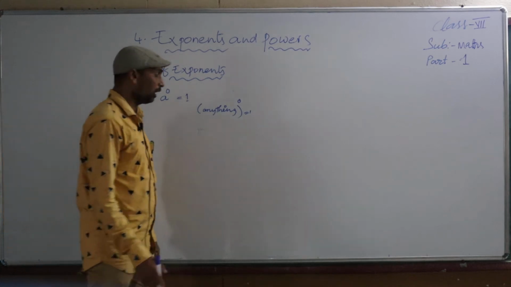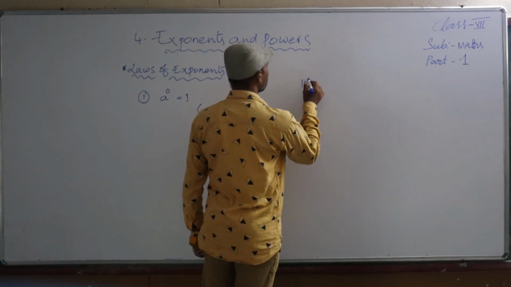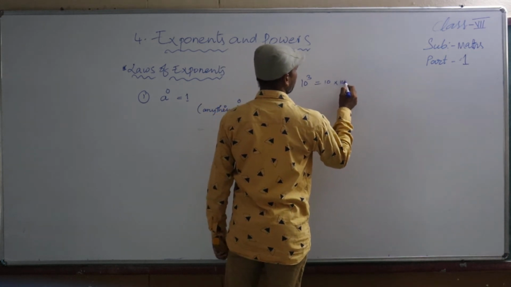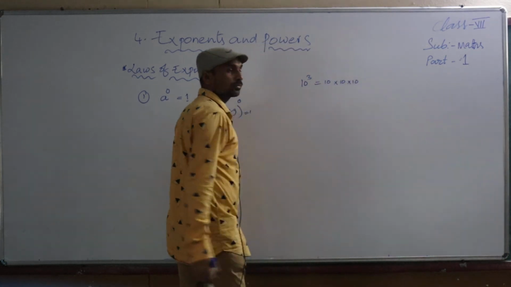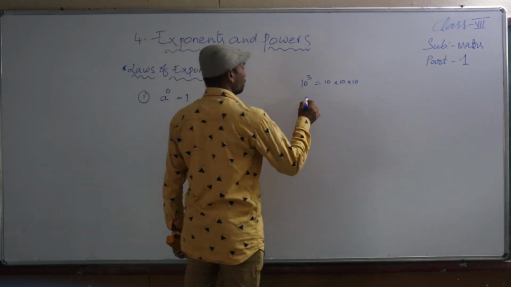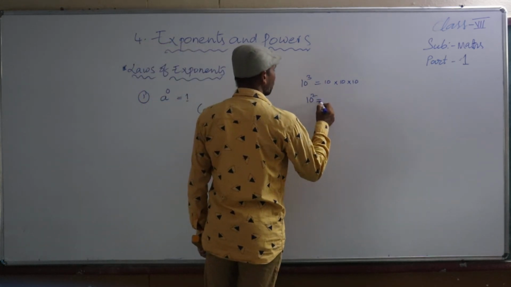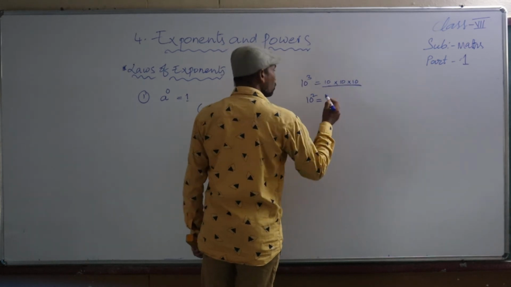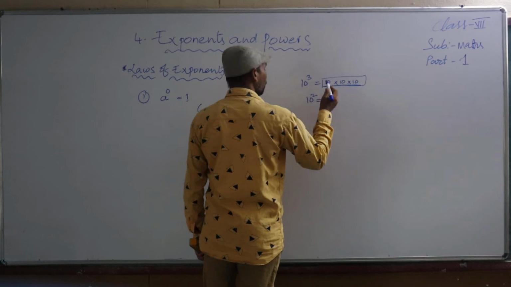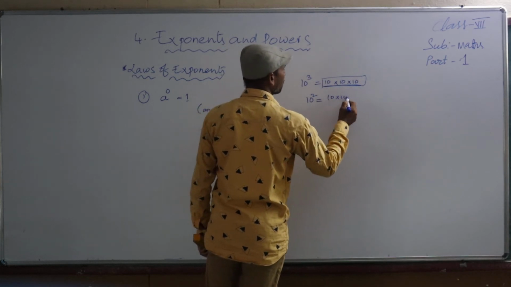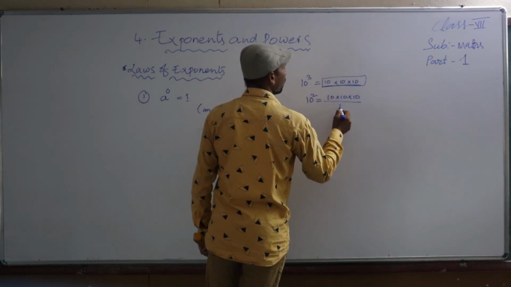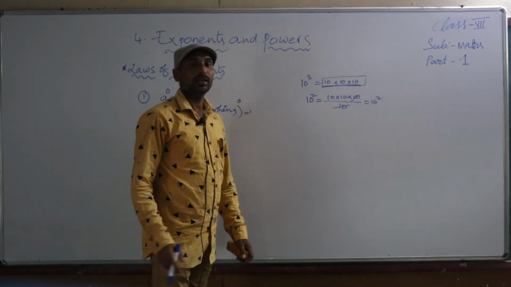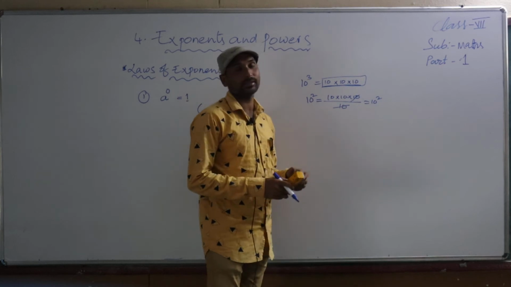See, for example, here I am taking 10 cube. We know that it is 10 into 10 into 10, so 3 tens are there. If you divide these 3 tens by 10, you will get 10 square, which means 2 tens.